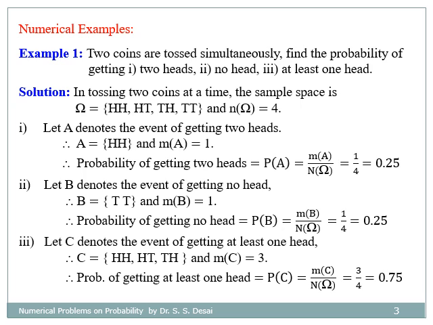Now for the third part, let C denote the event of getting at least one head. There are three outcomes which contain at least one head, and therefore the number of favorable cases equals 3, and hence the probability of the event C equals 3 by 4, that is 0.75.